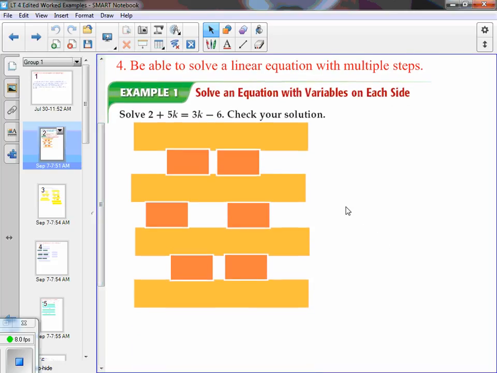2 plus 5k equals 3k minus 6. And as we go, I'm going to write down fewer things. I'm always going to do the same steps. But sometimes you can do things in your head. It becomes a battle of which is more likely to mess you up. Copying something down wrong or doing something in your head.